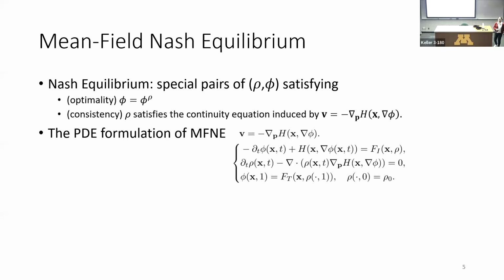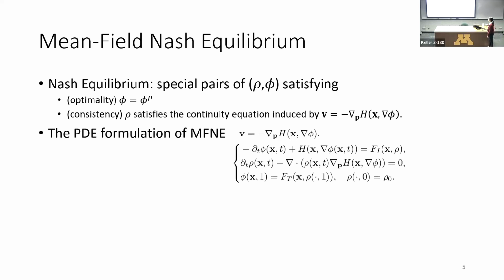So based on what we talked about, the PDE formulation of the mean-field Nash equilibrium is very straightforward. You just combine the two PDEs together, and you get the PDE formulation of a mean-field Nash equilibrium. But let's take a look at this system. It is not very simple to solve.